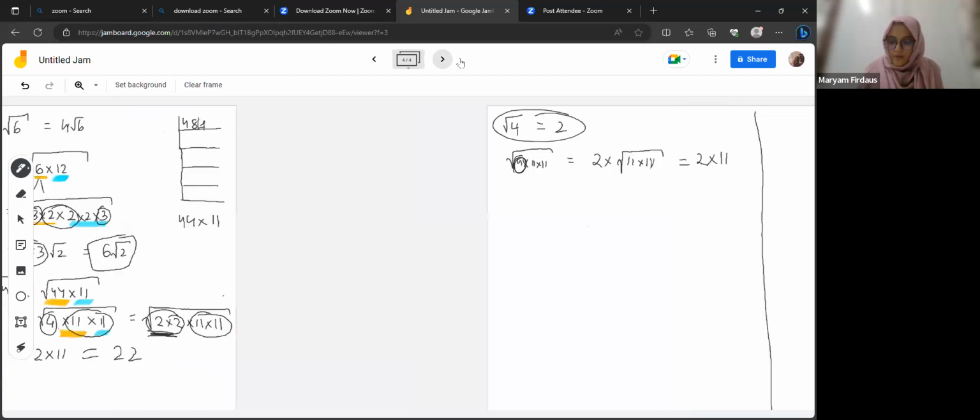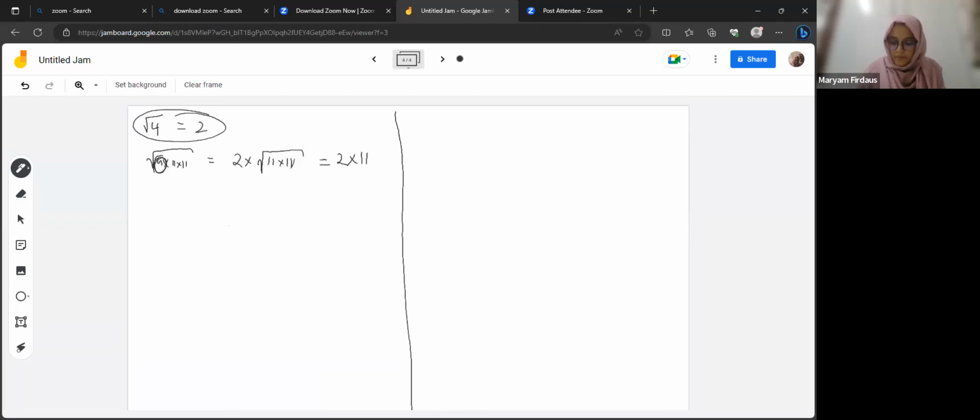Okay. So now let's do some questions. I think you all are pretty aware of how to do this multiplication now. If you have 3 plus root 5 multiplied by 5 plus root 11, how can we do this?